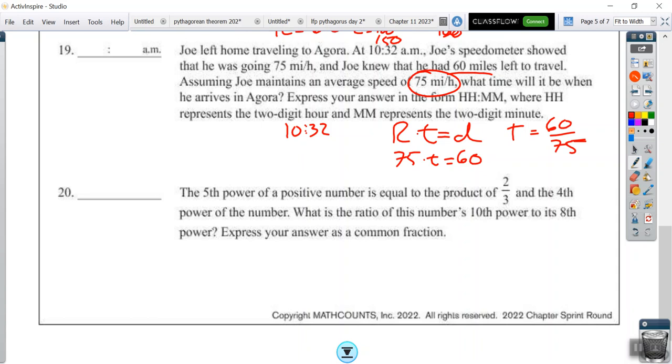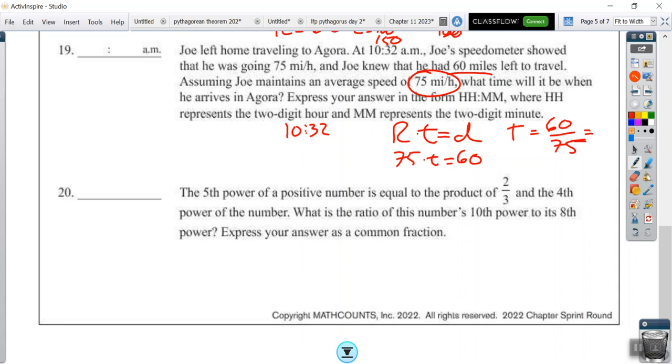I need to get this into hours and minutes, no big deal. Well, I can't help but notice that 60 over 75 can be reduced. What goes into both of them? Just 15.